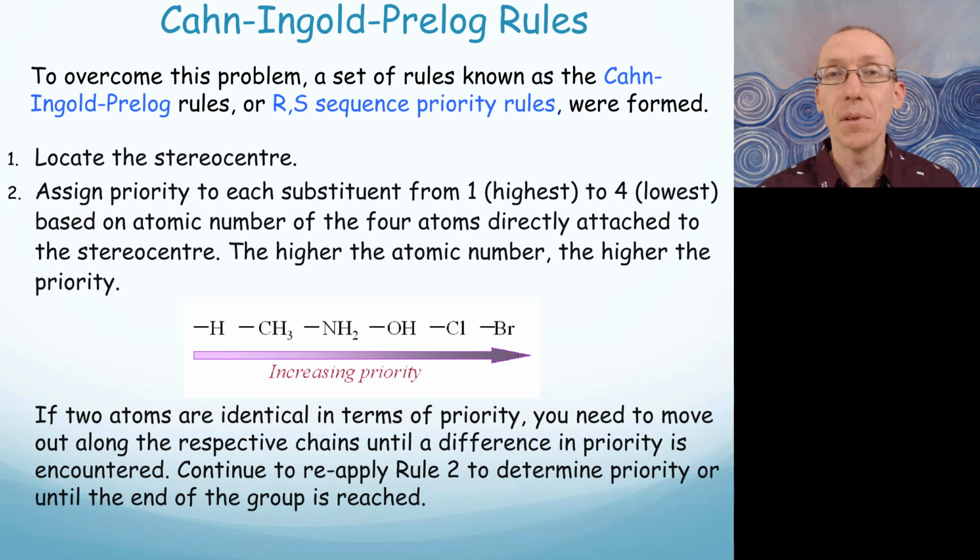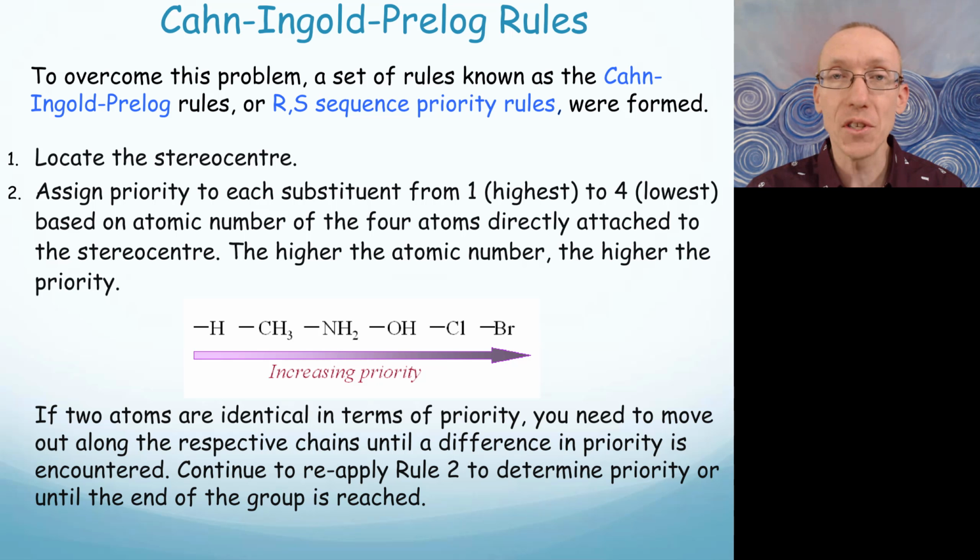And the rules are very similar to E versus Z alkenes. We're going to assign in order of atomic number. The higher the atomic number, the higher the priority. So for example, bromine has a higher atomic number than chlorine, and so bromine will be a higher priority than chlorine.